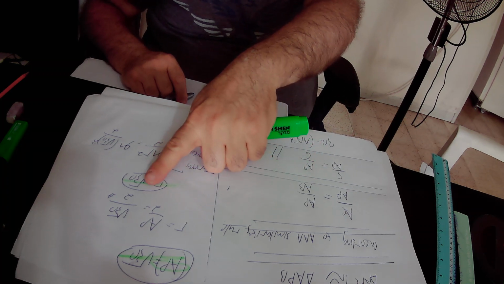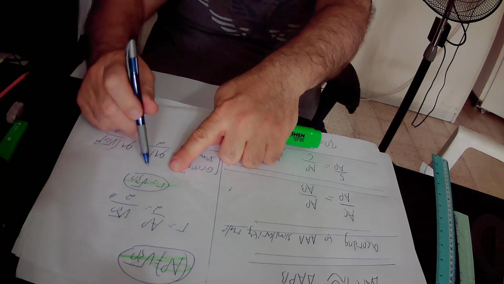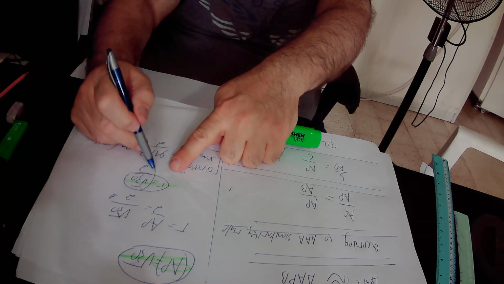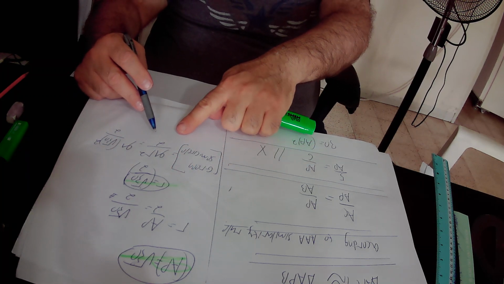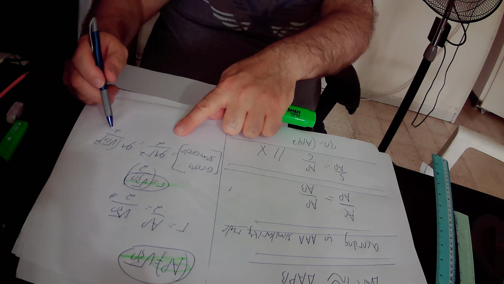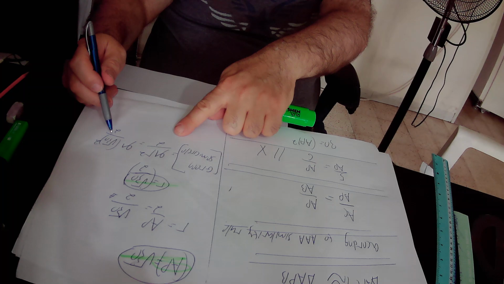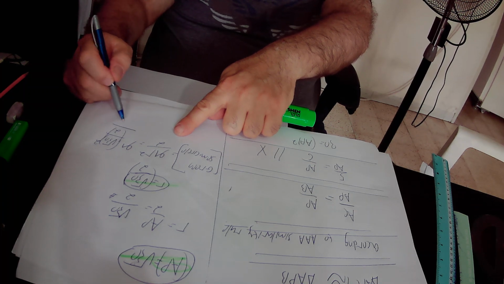So the radius equals the square root of 30 over 2. Therefore the area of the green semicircle equals pi r squared over 2. So it is pi times the square root of 30 over 2 squared, divided by 2.